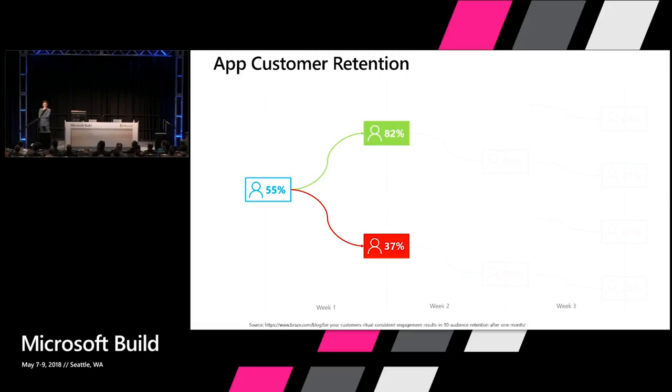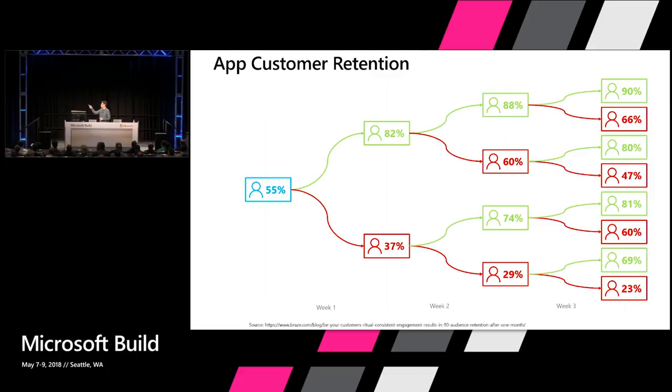One interesting tidbit here is that of the people that download your application, in the long term you only retain 55%. Now, if your users launch your application at least once in the second week, you'll retain 82% of those users. If they don't, that number drops to 37%. This is what the numbers look like on a 3-month engagement, and you can see the happy path.